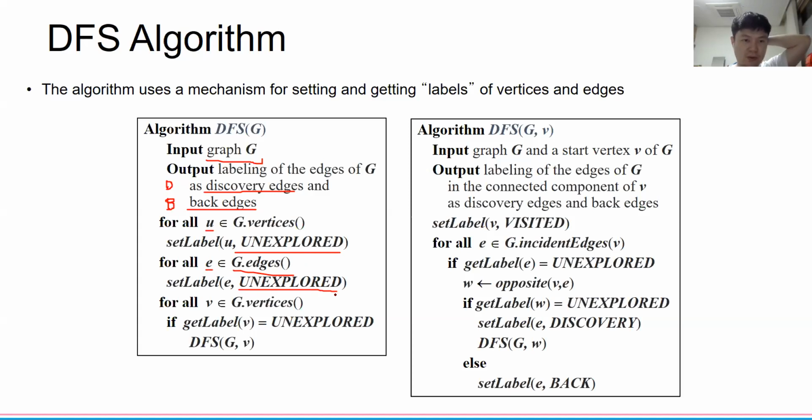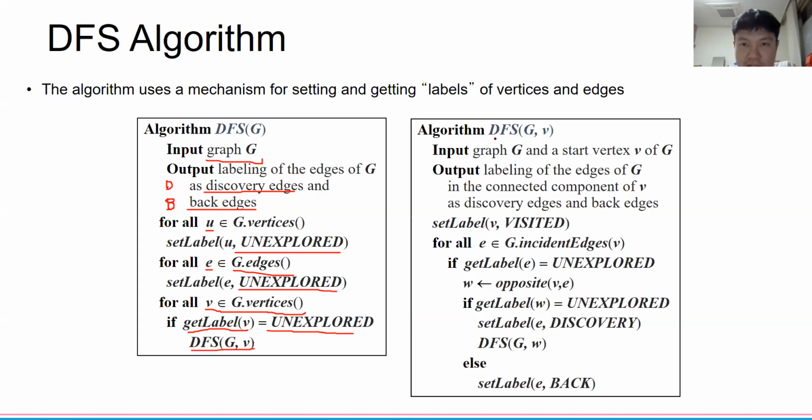Then the algorithm goes: for all v in the vertices, check if the label of the vertex is unexplored, then do DFS. What is DFS?